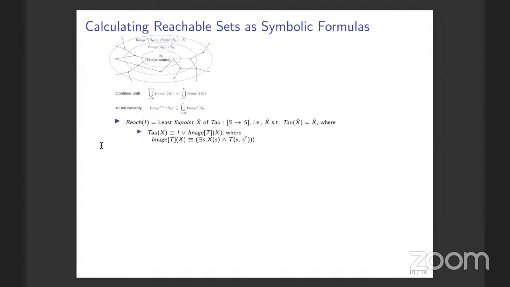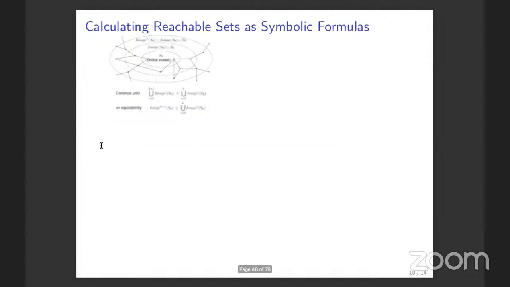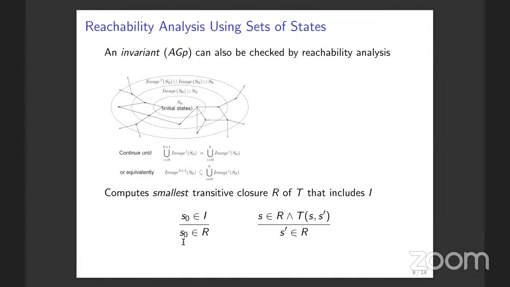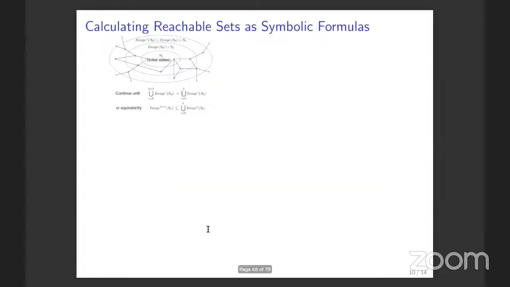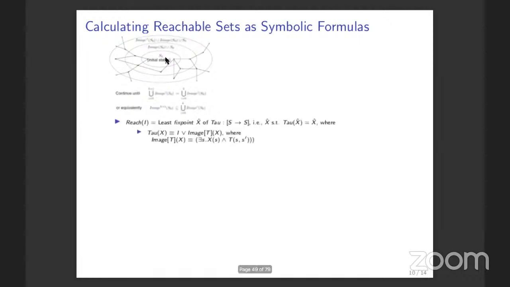And we saw that this could be defined as computing the transitive closure of the transition relation over the initial states, the smallest transitive closure that includes the state, which could be done by repeatedly accumulating the images starting from the initial states.